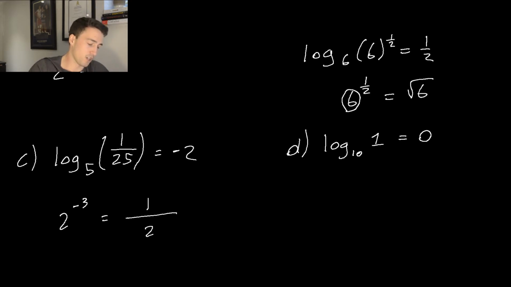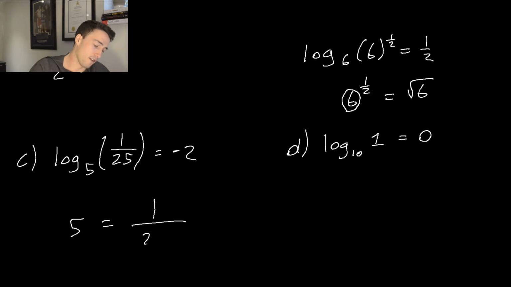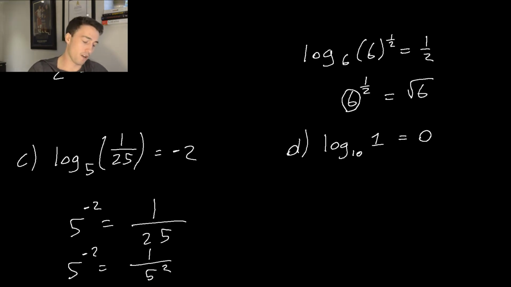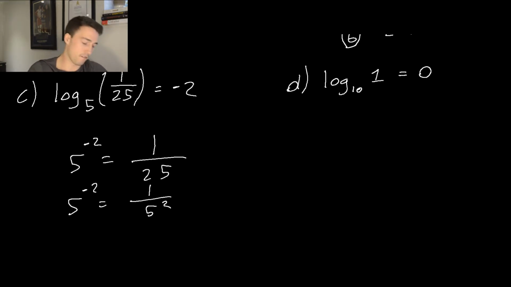So for this equation, 5 to the power of something is equal to 1 over 25. And this would be negative 2, because this can be rewritten as 1 over 5 squared. If you do 5 squared, you're going to get 25. So 5 to the power of negative 2 is equal to 1 over 25.